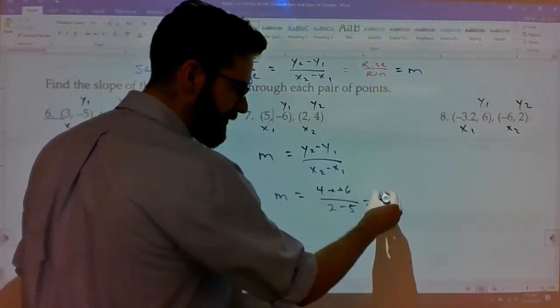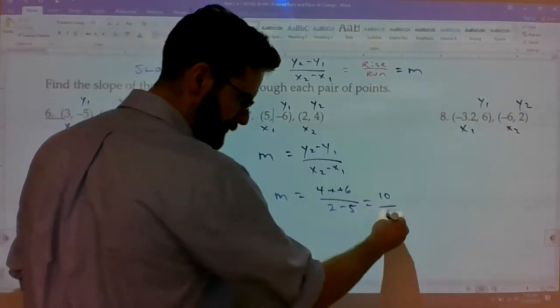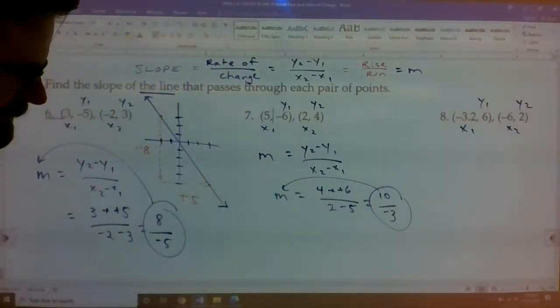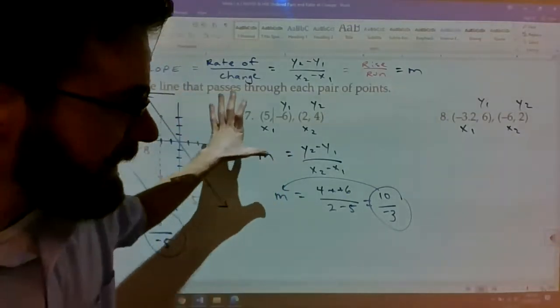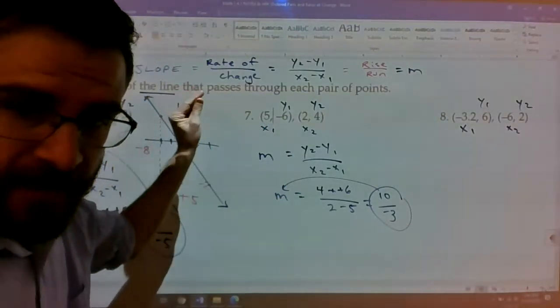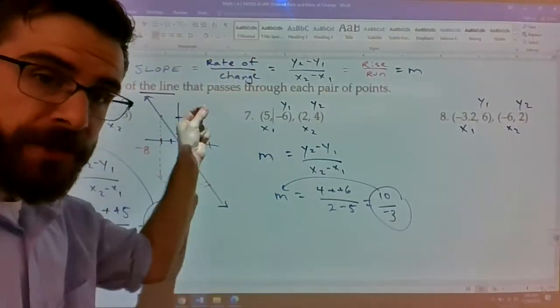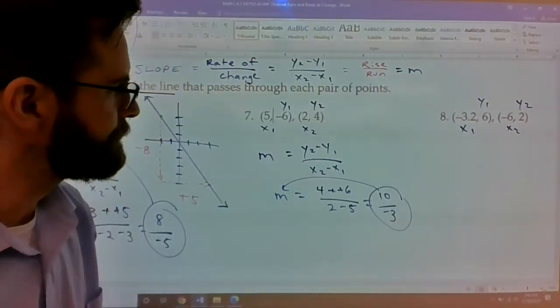Double minus means add the 2. It's going to be 10 over negative 3. There's my slope. Which means if I were to plot these points and graph a line, it's going to go up 10, left 3. Or down 10 and right 3.